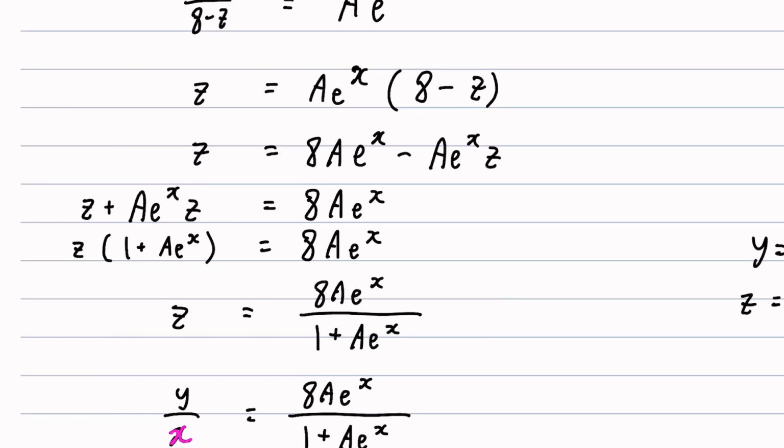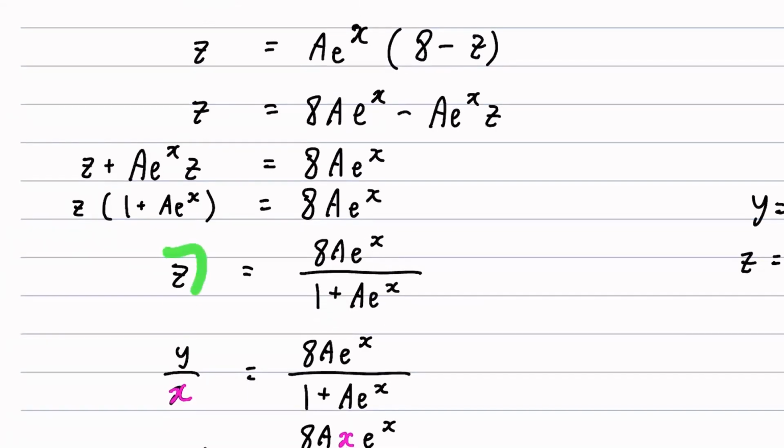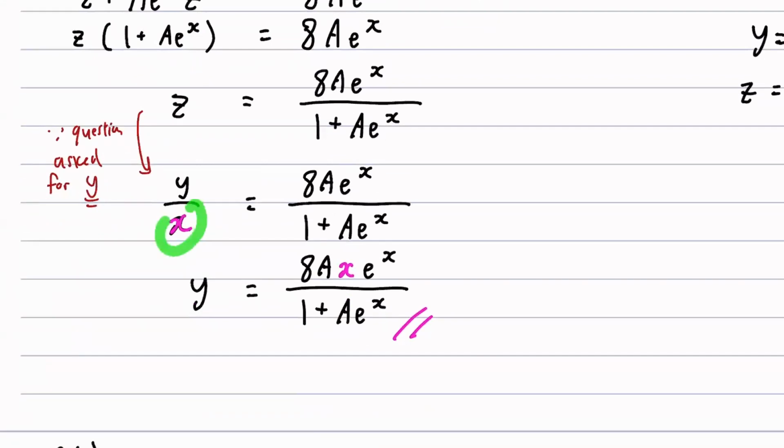Exactly. So that's why the last step is to replace the z with y over x. Maybe I write down a reason: because question asked for y. Here, I have highlighted my x in pink color to remind you that you're trying to solve for y. So what do you do with the x? Times over, which means that it appears on the numerator.